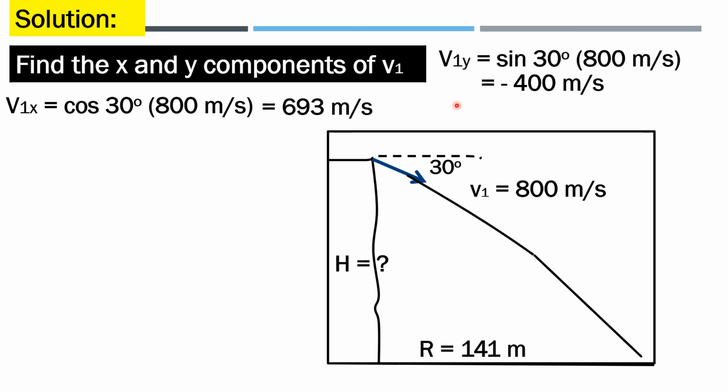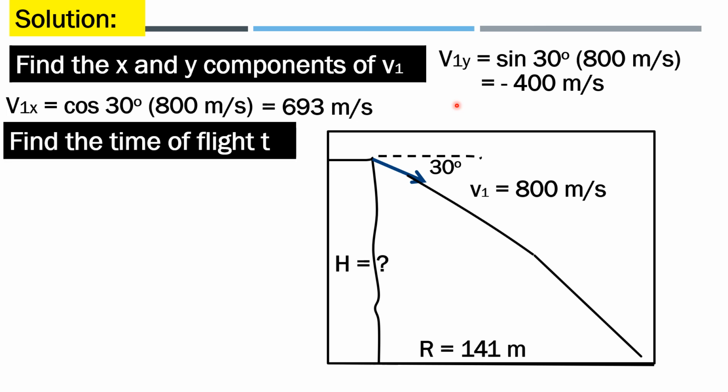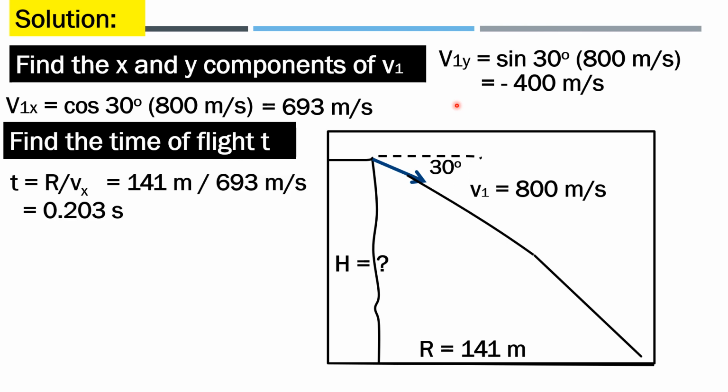Now that we know the y component of the initial velocity, we can now determine the time of flight, the time t. How long it will take for the bullet to hit the ground, that is what we mean by the time of flight. And that can easily be determined because we are already given the horizontal displacement or the range, which is 141 meters.